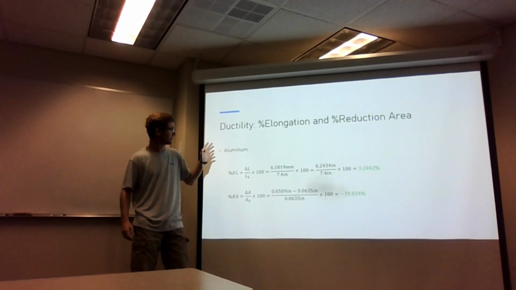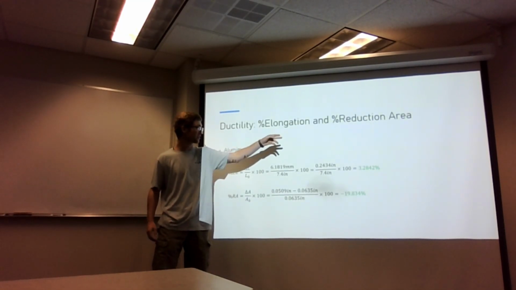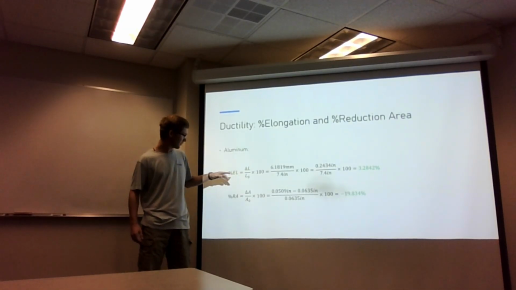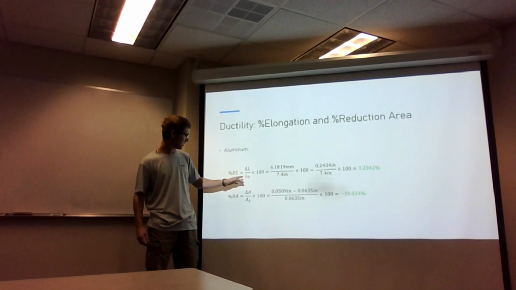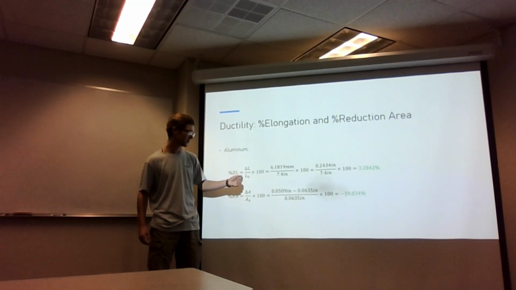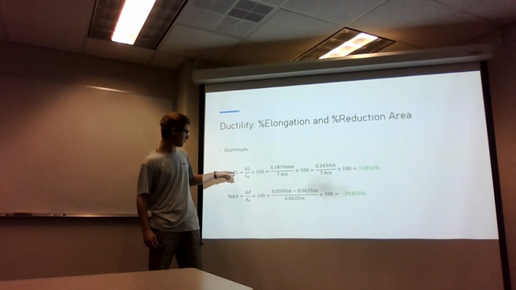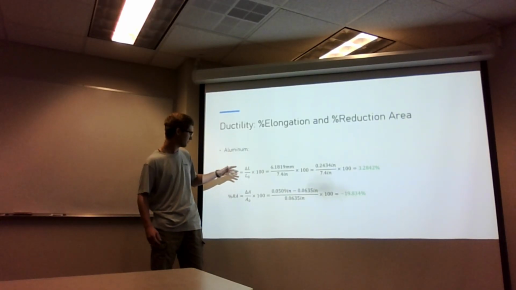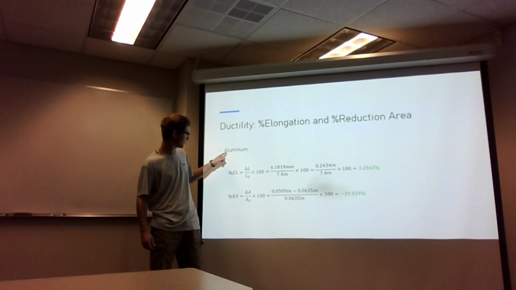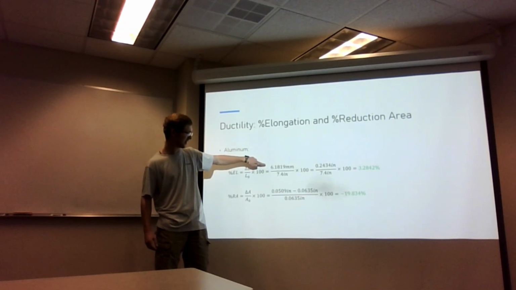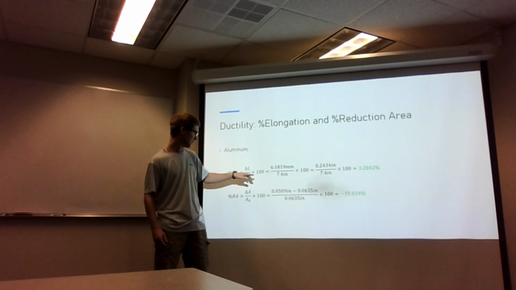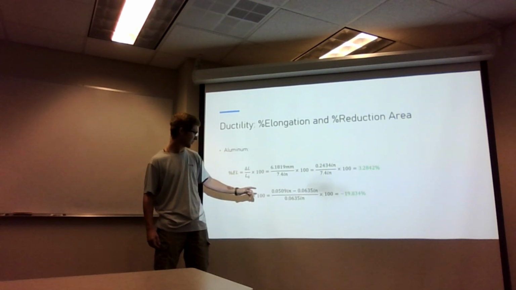Figure out the percent elongation and percent reduction area for the aluminum. We took the change in length over the initial length for each piece, and we're multiplying that by 100 to get a percent. So the change in length for this aluminum specimen turned out to be 6.1819 millimeters, and the original length of the entire specimen was 7.4 inches.